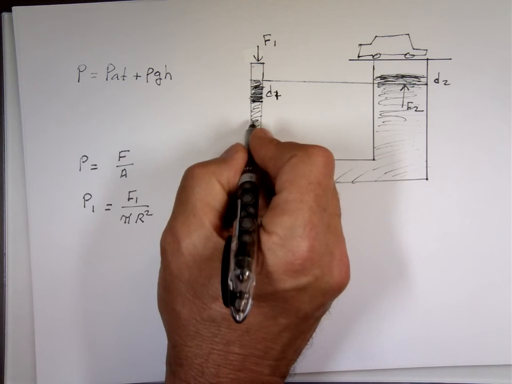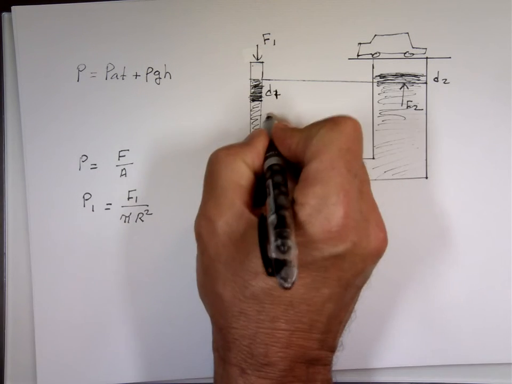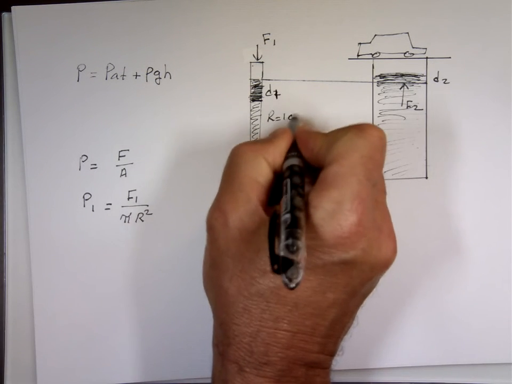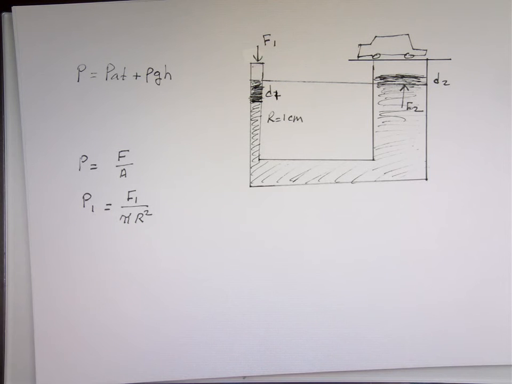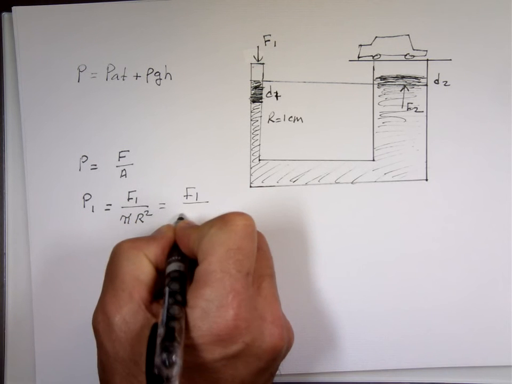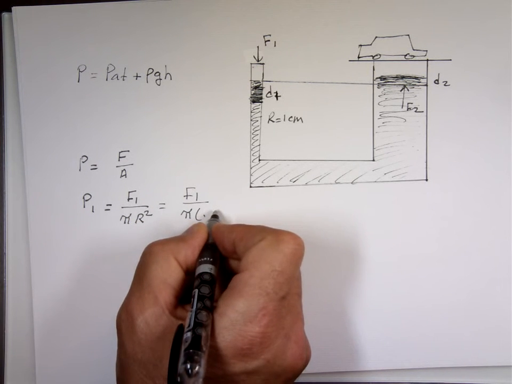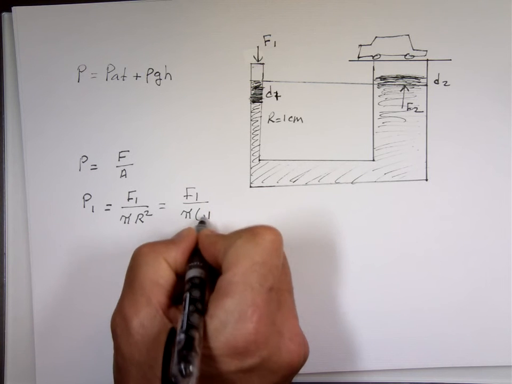Let's use, for example, r equals 1 centimeter, small. So it's going to be F1 over pi times 0.01, I'm sorry, 0.01 squared.